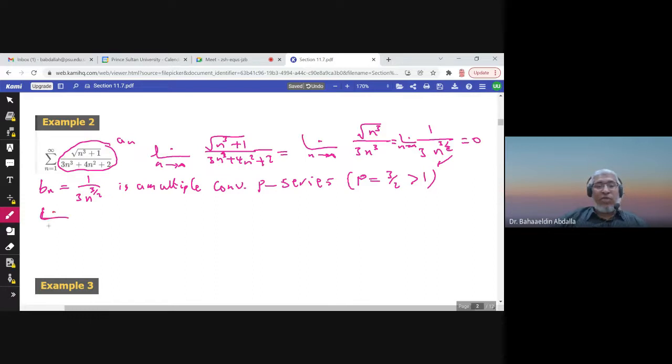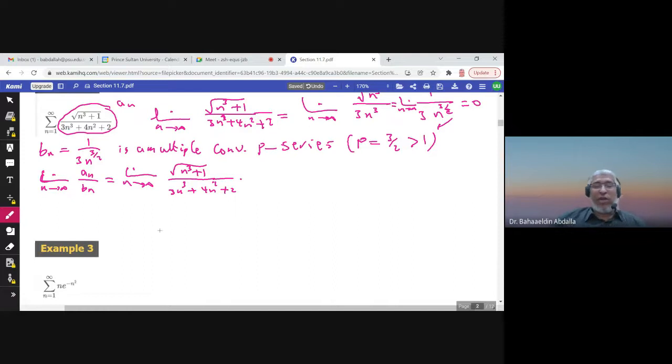So if we use the limit comparison test and find the limit of an over bn, we change division to multiplication by the reciprocal, and taking the highest power now, if you multiply n to the power 3 over 2 times n to the power 3 over 2, you will have n to the power 3.